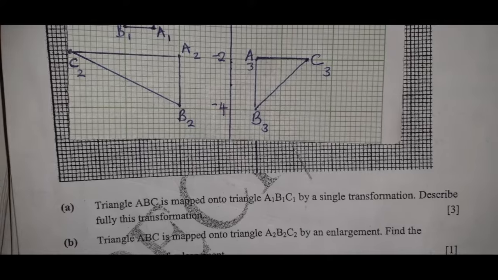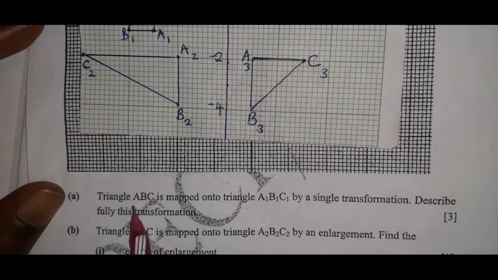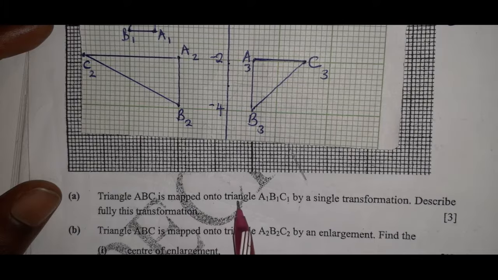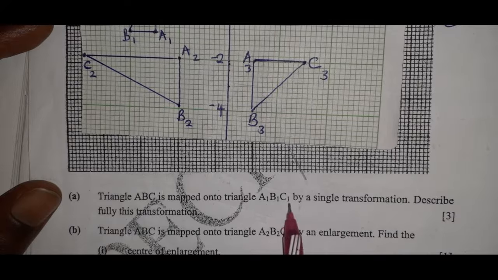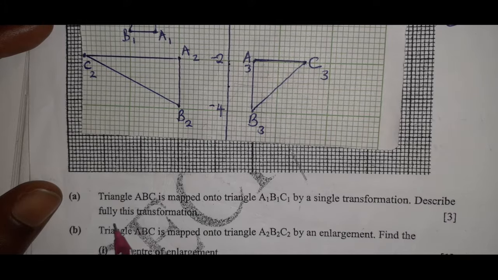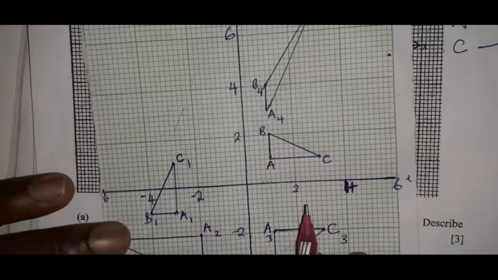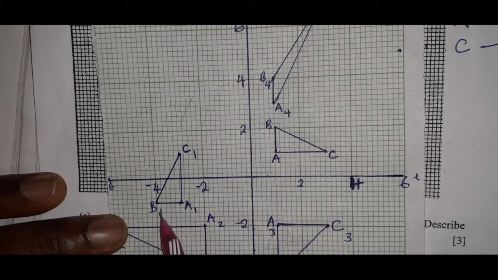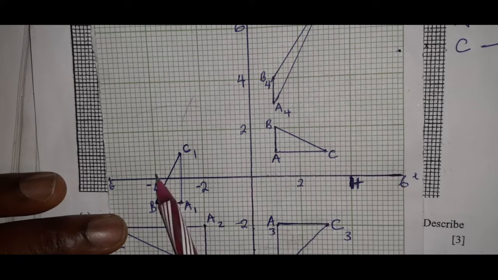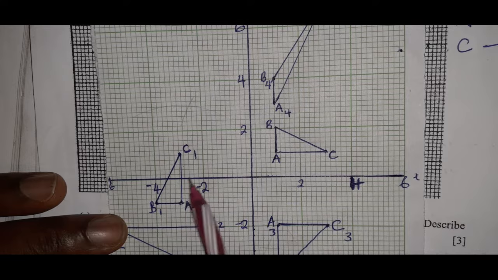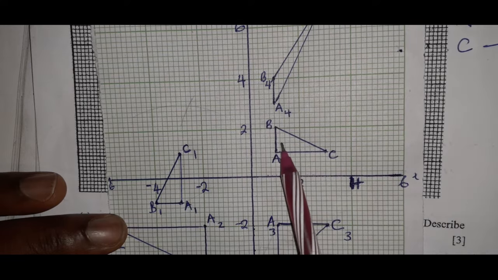Question A reads, triangle ABC is mapped onto triangle A1, B1, C1 by a single transformation. Describe fully this transformation. Now, when you look at this, just by the orientation, you can tell that this is rotation.